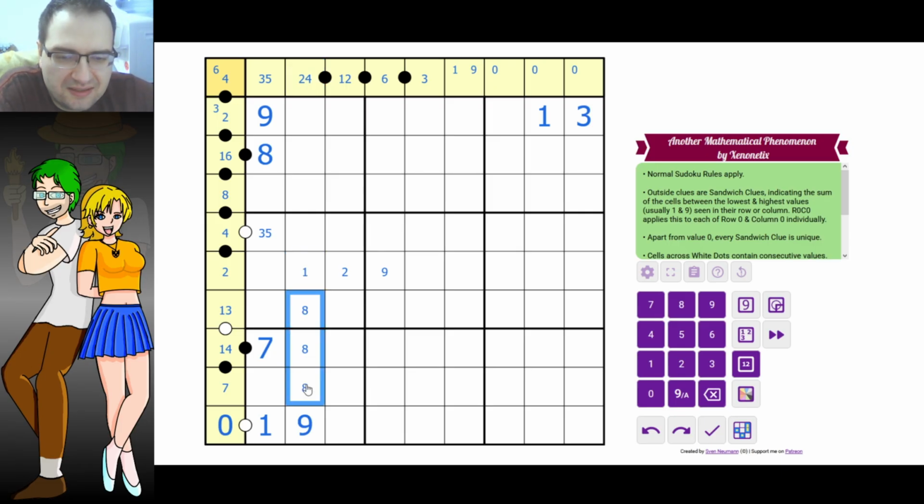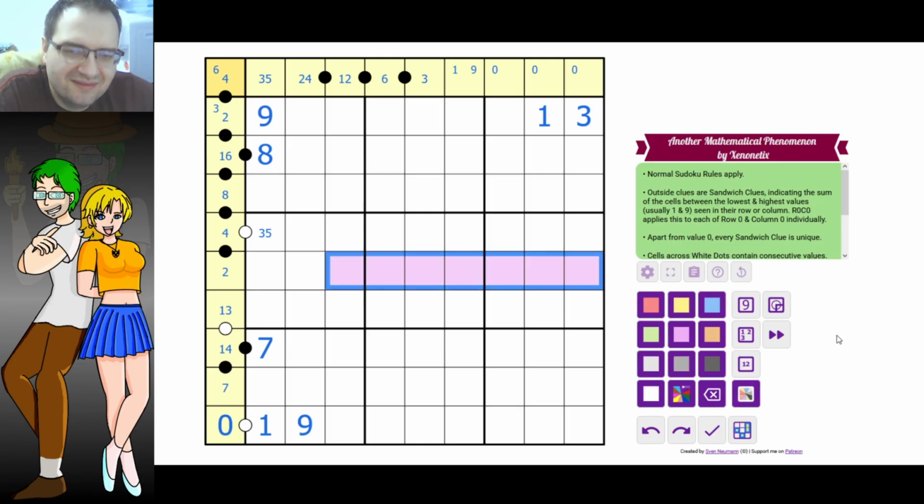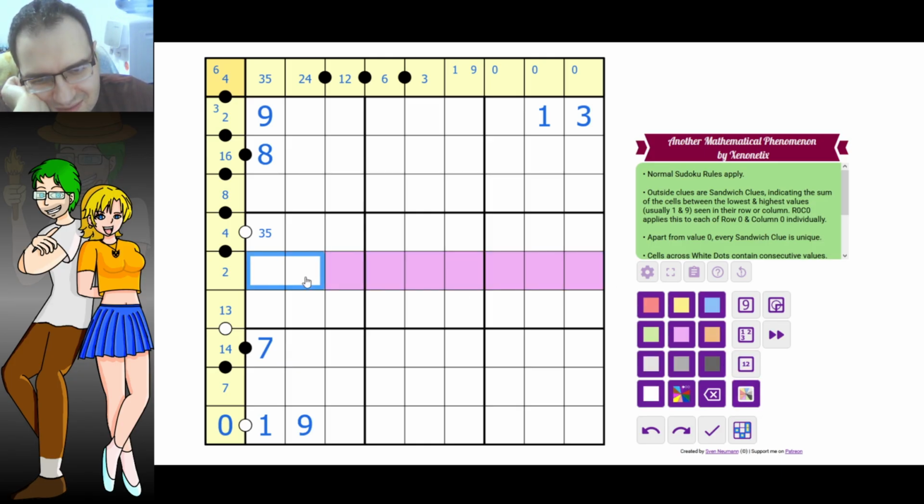And even if we take the biggest, 8, 7, 6, that's 21, and we have 24. So it starts from here. So none of these can be a 1 or a 9. 1, 2, 9.